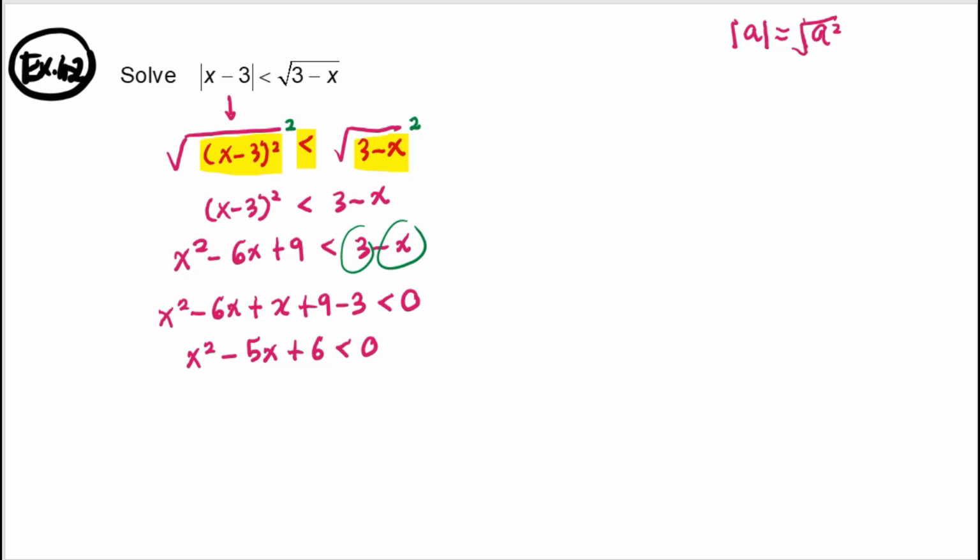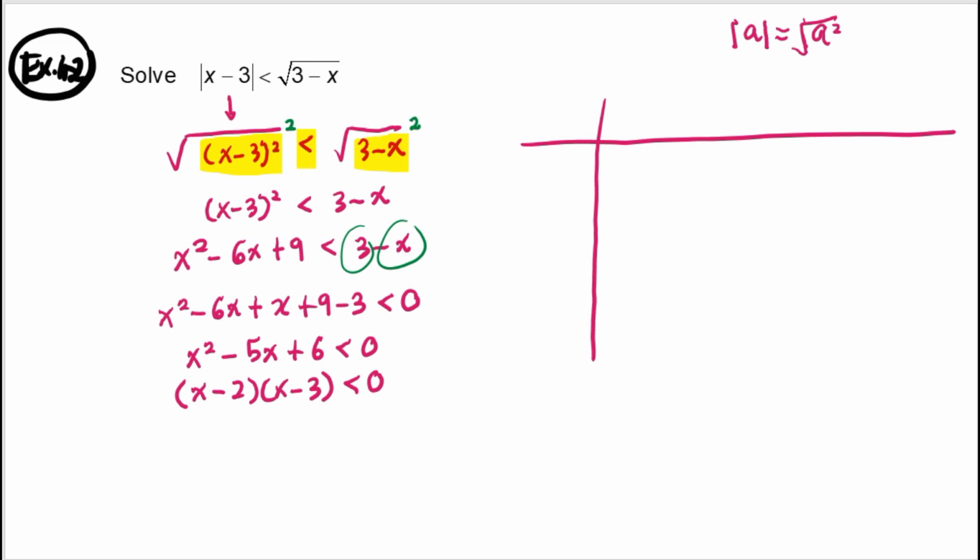Recall, if we have this quadratic inequality, what we need to do is to factorize. So we have (x minus 2)(x minus 3) less than 0. What we need to do is to recall that we have to identify the critical values.